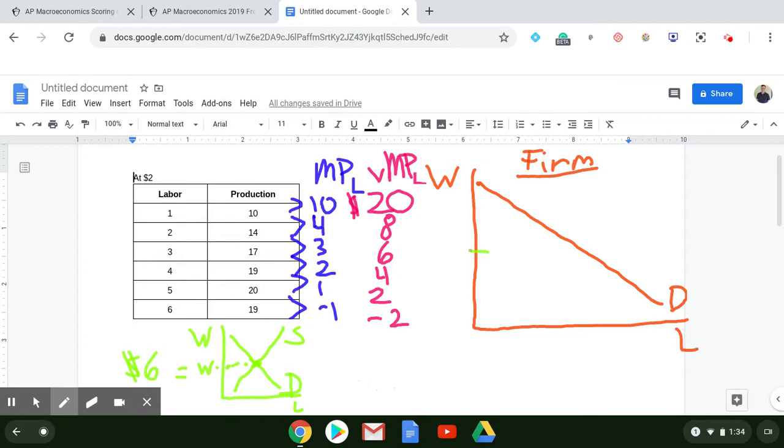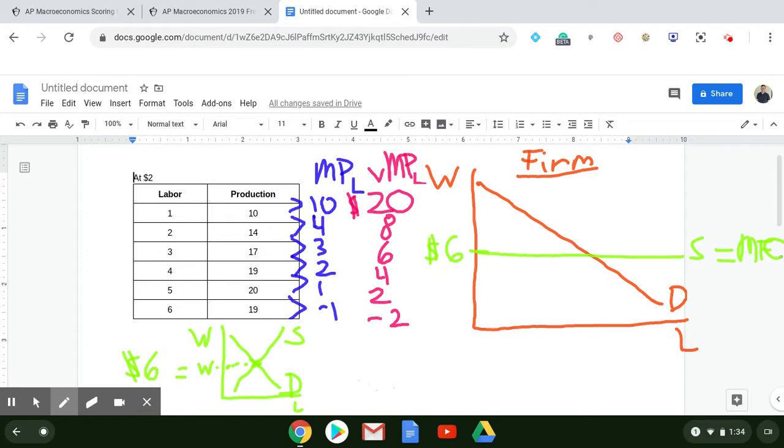So anyway, for our perfectly competitive firm, they're price takers. The labor market's perfectly competitive. This is the supply of labor, which equals what we're going to call the marginal factor cost. So let's think about this real quick. For a perfectly competitive firm, marginal means change.